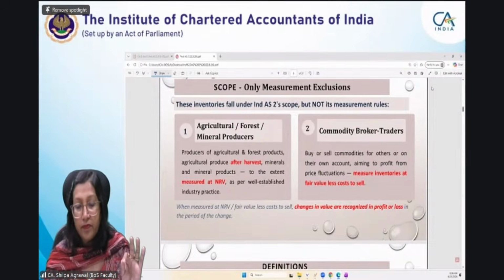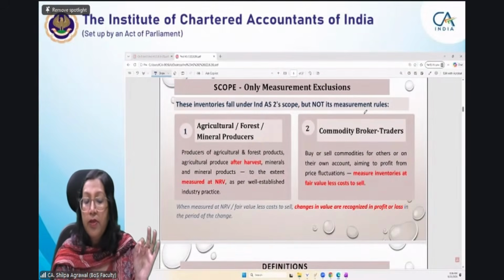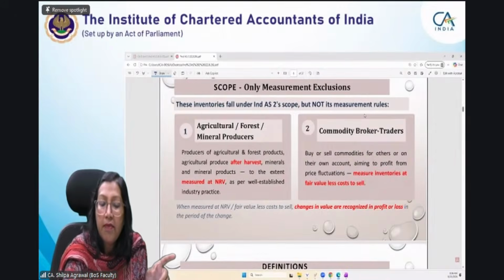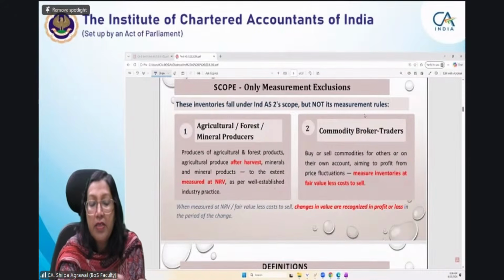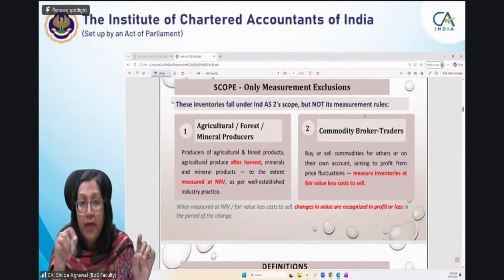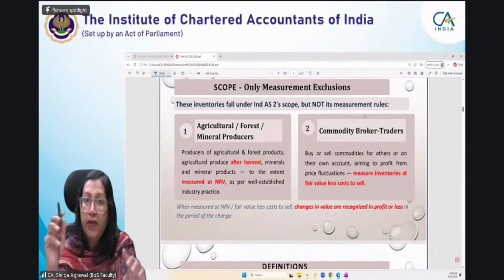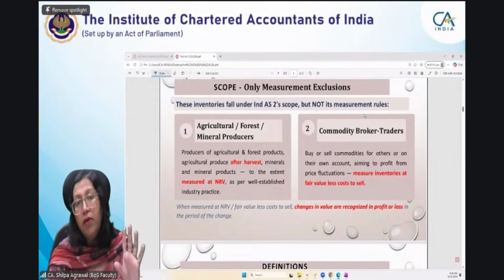So producers of agriculture and forest products, agriculture produce after harvest, minerals, and to the extent measured at NRV as per well-established industry practice, these inventories fall under Ind AS 2, but not its measurement. For measurement, we have separate standards. However, after harvest, it is recognized as inventory, so it will fall under Ind AS 2.